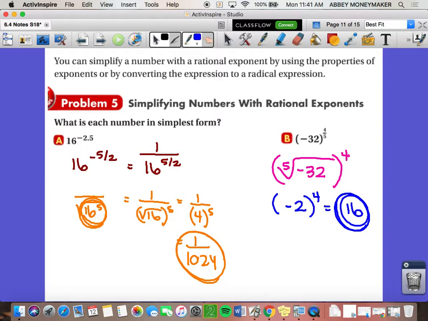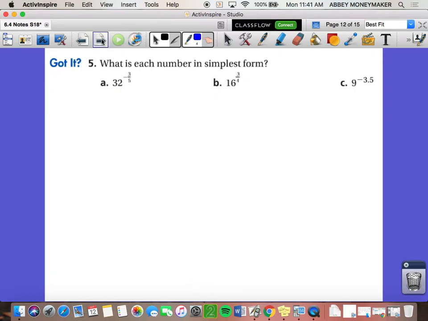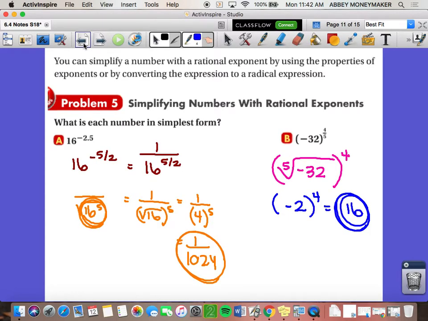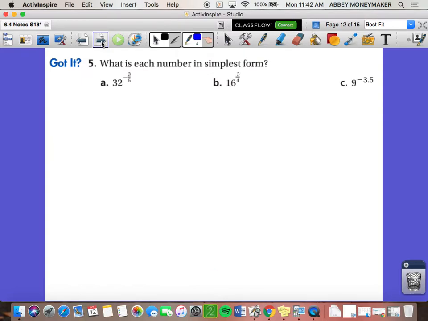So we can do all of these without our calculator very, very easily if we know our powers. So if you want to, we highly encourage you to try A, B, and C, but we can help you out here as well. So 32 to the negative 3/5 power, that's the same as 1 over 32 to the 3/5 power.